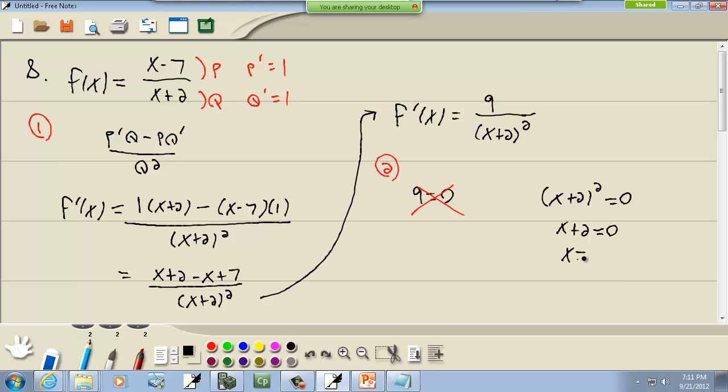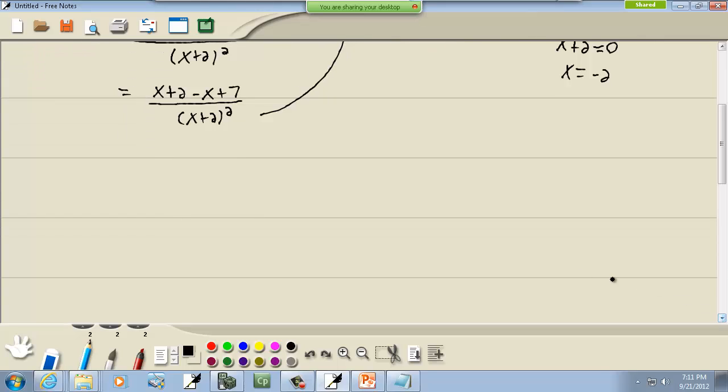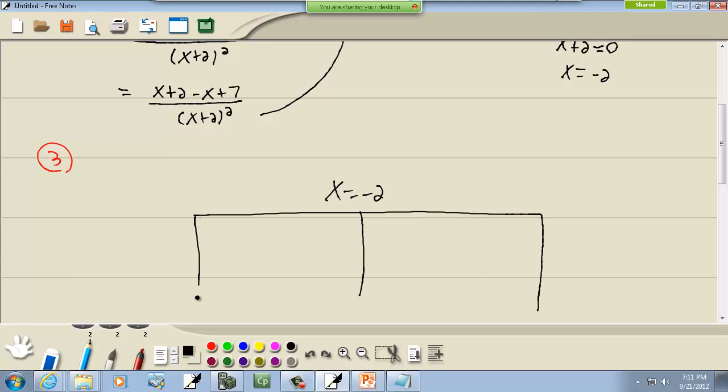And then take 2 over, and we get x equals negative 2. So we have one critical value. So here we got x is equal to negative 2. And here's negative infinity, and here's positive infinity.